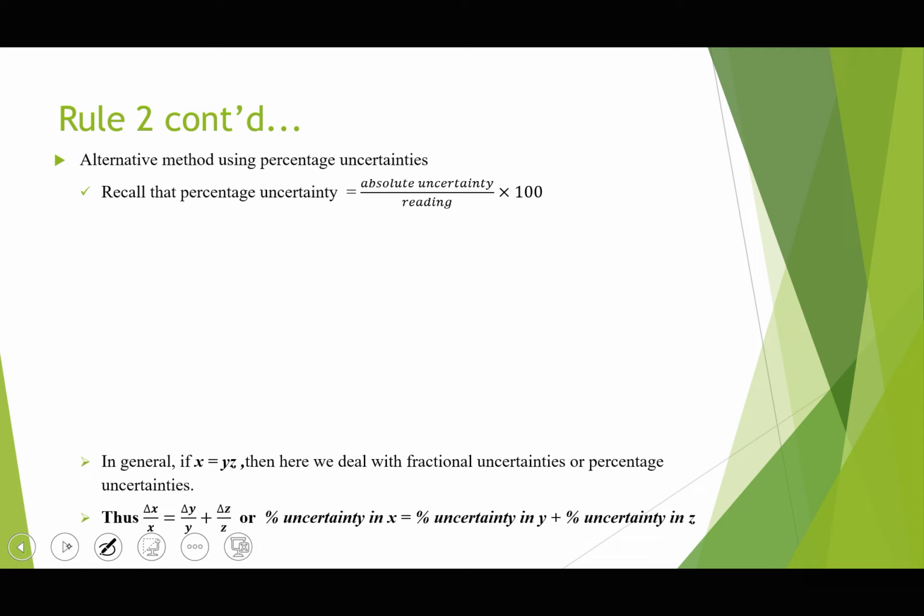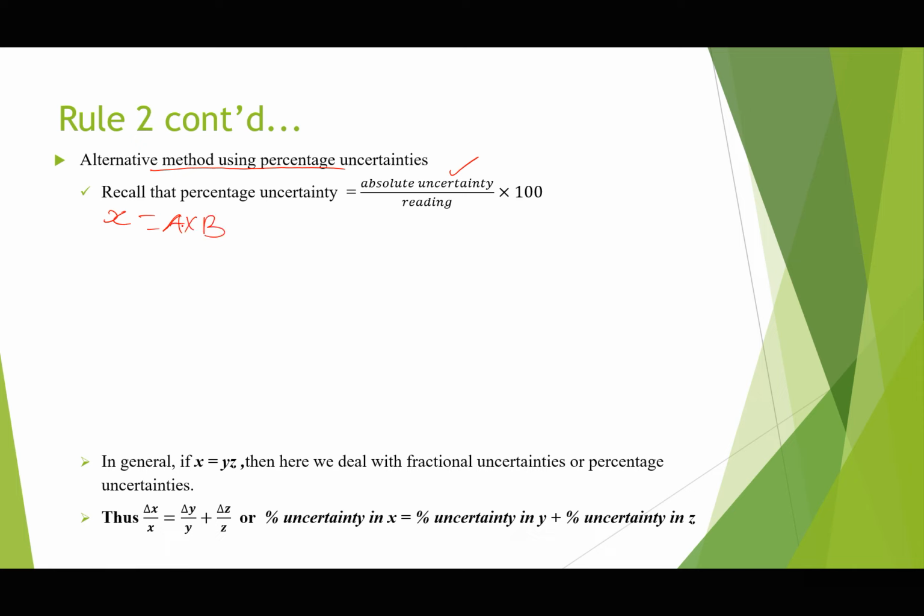Method 2, this is an alternative method where we would have used percentages. Remember, percentage uncertainty is the absolute over the true value times 100. In other words, it is simply the fractional uncertainty times 100. Let's try again and see. Let's say x is equal to a times b as required before.